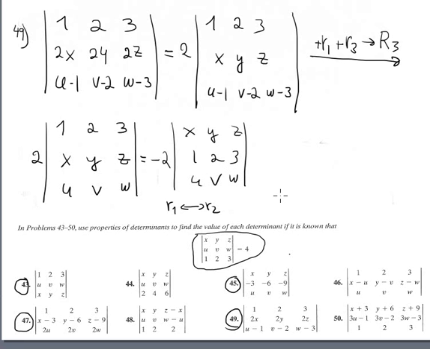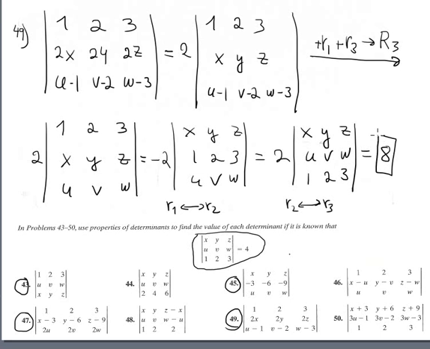Okay, no problem. After that, you interchange row 2 and row 3 again. Let me see if it works now. Oh yes, so this interchange again is positive. It's X, Y, Z, UVW, 1, 2, 3. And the answer of this is 4 times 2, which is 8. It's a little bit similar.